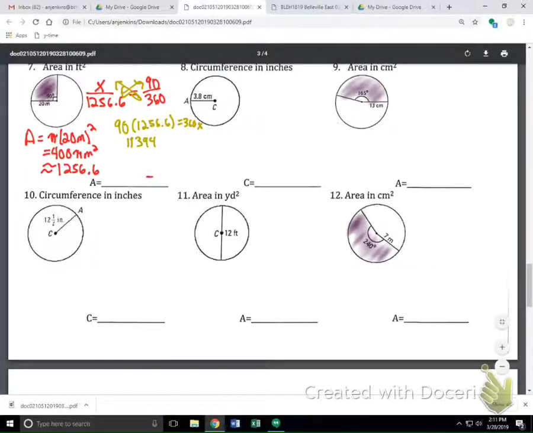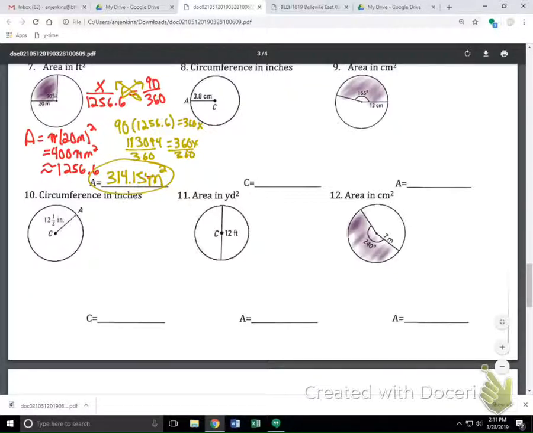Equals 360x, we got to divide by 360. We divide by 360, what value do you get? You get 314.15. And then we write our units. Is it feet in this one or meters? Meters. Meters squared.